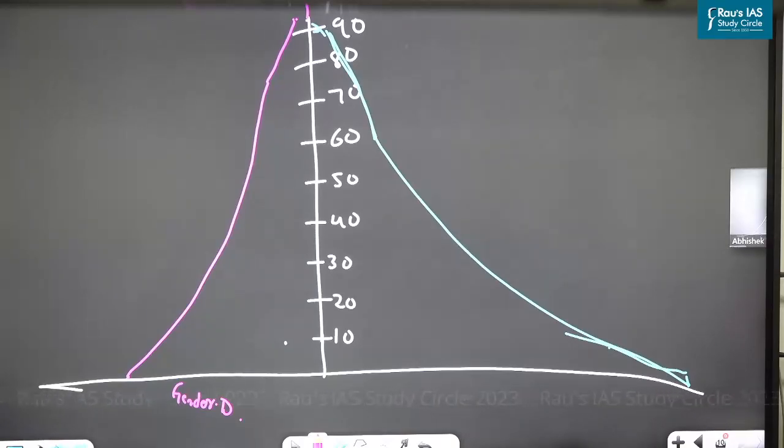The birth rate is falling because, A, as the IMR, the infant mortality rate, decreases, parents can become increasingly confident that fewer children will suffice.